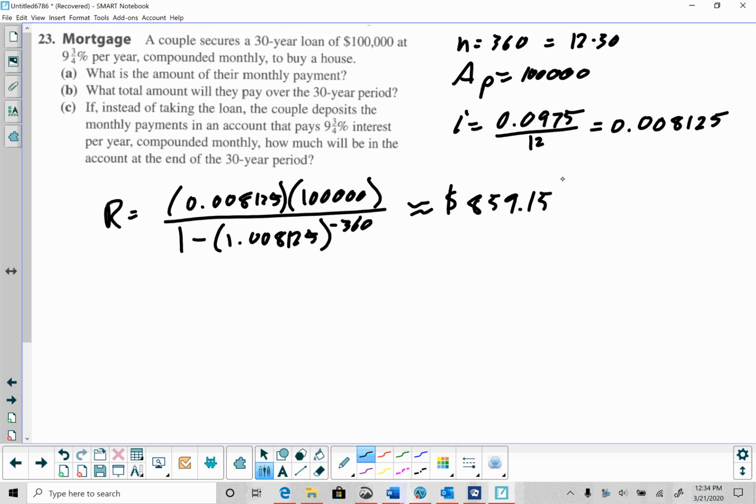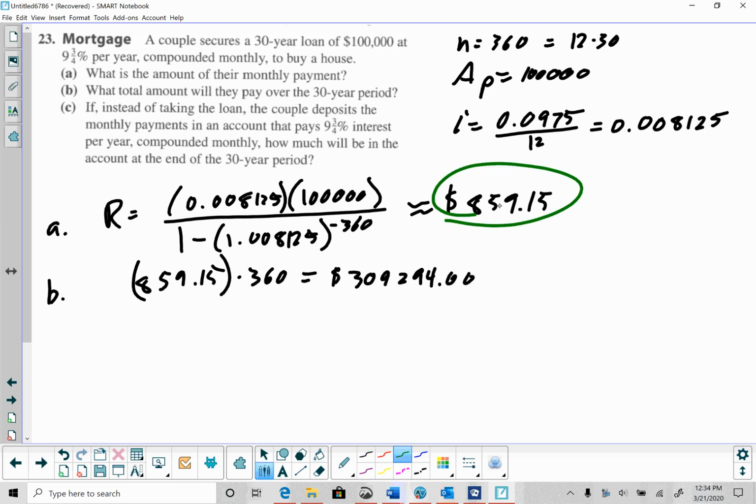So again, part B, very similar to what we saw earlier. $859.15 per month for 360 months will be $309,294. So if we could just, I'm sorry, here's the monthly, here's the total amount.